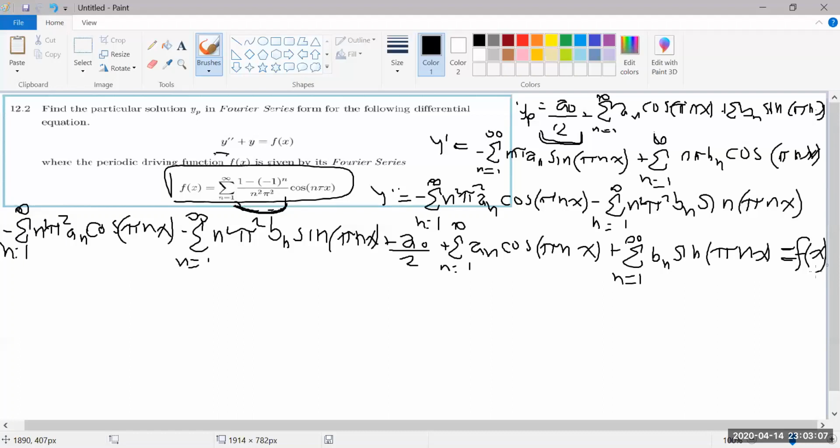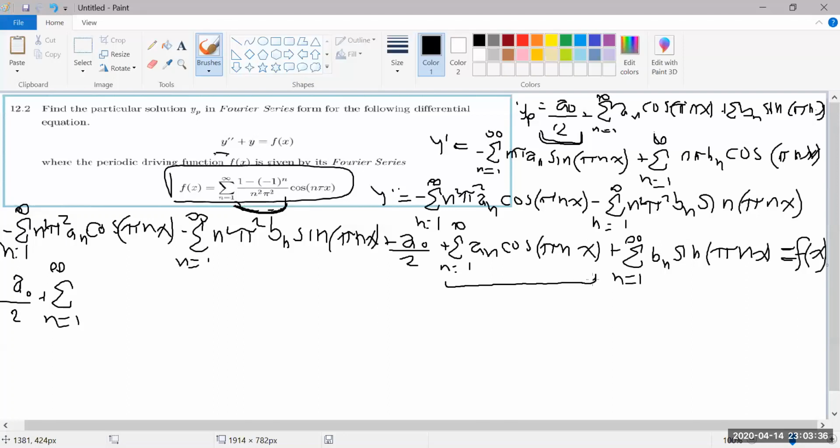Actually, I'm going to start with our a sub naught over 2. Okay, and now let's start with our cosines. So here we have an a sub n cosine with no coefficient.